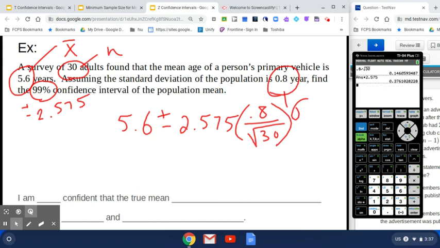I'm going to be adding on and subtracting off 0.376. So 5.6 minus that value.